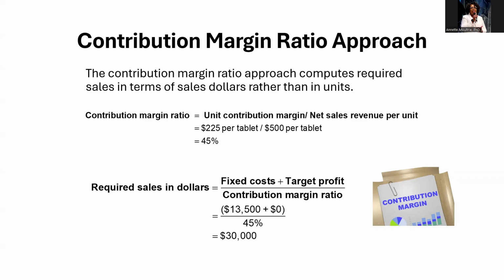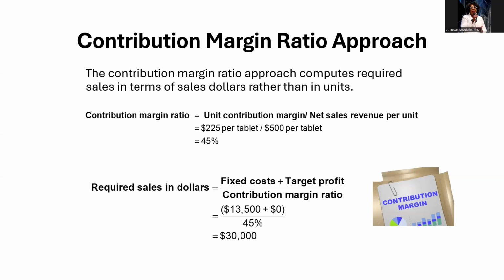So here in this example, the contribution margin ratio is equal to unit contribution margin divided by the net sales revenue per unit. You have your $225 per tablet divided by $500 per tablet, which will give you the 45% contribution margin ratio.